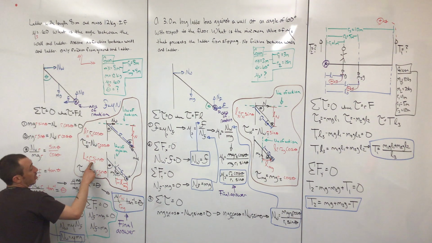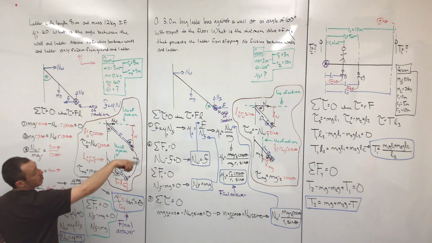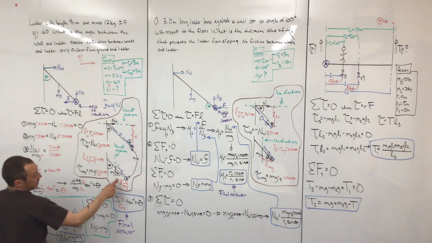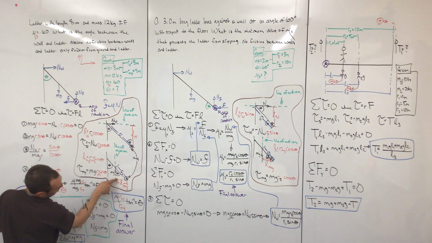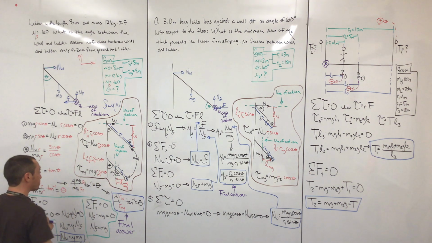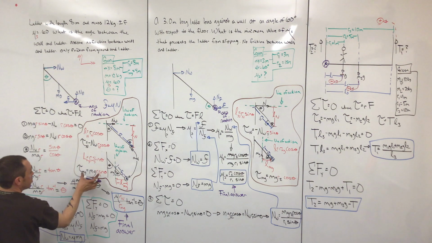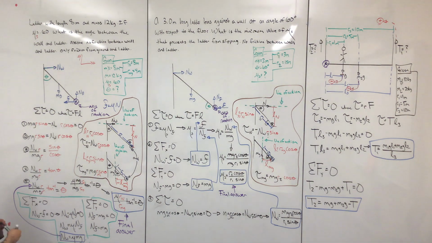So it's going to be r mg, what we're calling it right now, but you'll see we'll do something different. And then the lever arm is opposite of the angle here. This is the lever arm, this is the angle, so sine theta. So we have now two equations that have the angle that we're looking for in them.